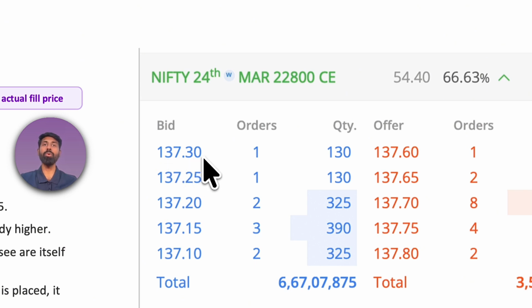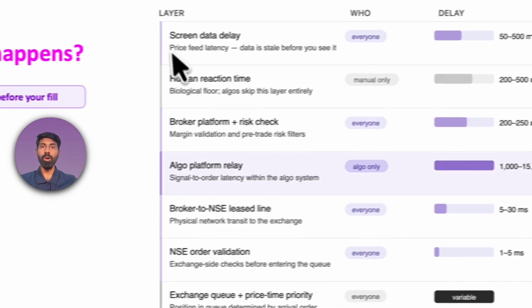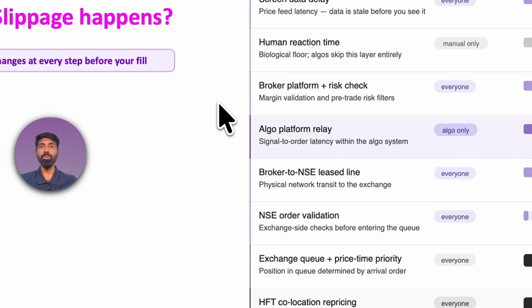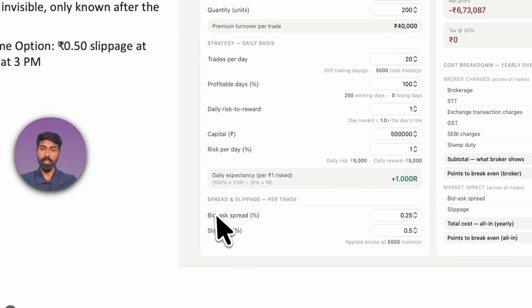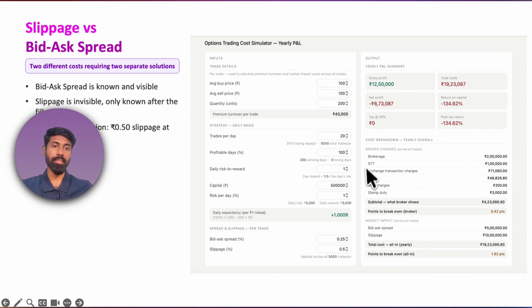It is always known for the instrument that you are trading in. Even if not directly, you at least know the range. But slippage is actually not known because our order goes through many different layers. We are not sure what price we will get. Sometimes you execute an order at 100, it gets executed only at 105. That could also be the case. 5% slippage is a reality. That is why I always consider bid-ask spread and slippage to be separate costs, and brokerage, taxes and other charges to be separate.